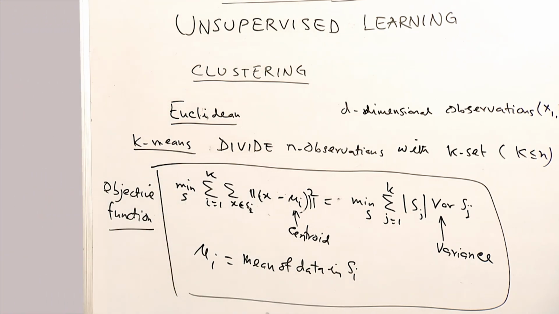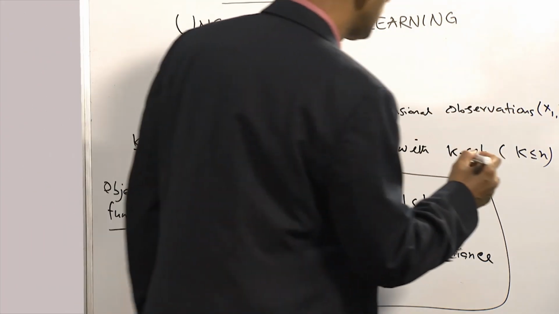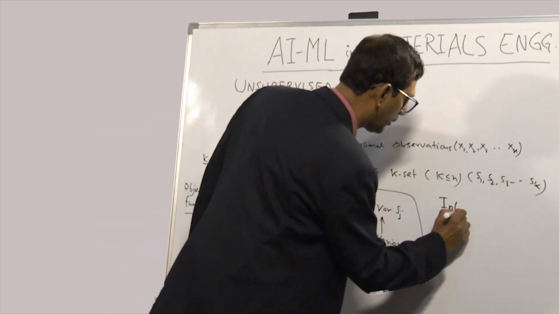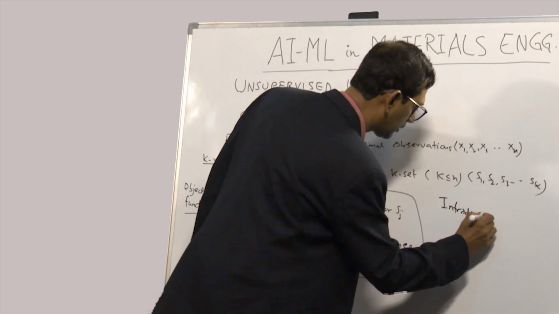Correct. So, how do you do that? In order to solve this problem, let us assume that for each data point, x1 to xn, we introduce a set of binary indicators.